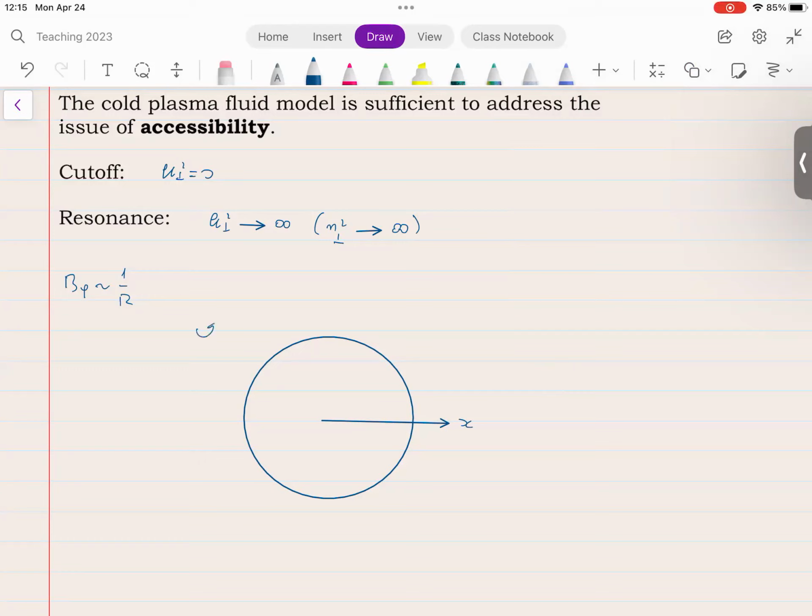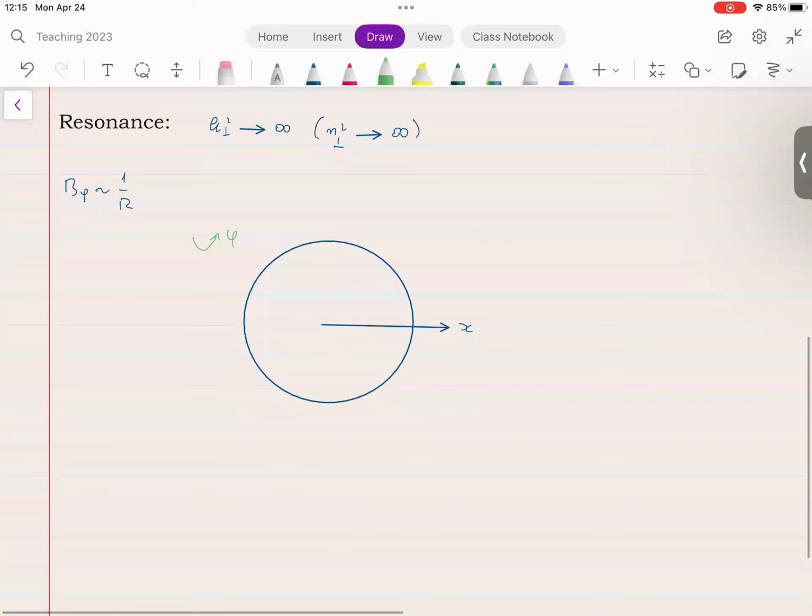Of course, here we have phi. Let me maybe use a different color for this, just for clarity or to further confuse you, whichever occurs first.